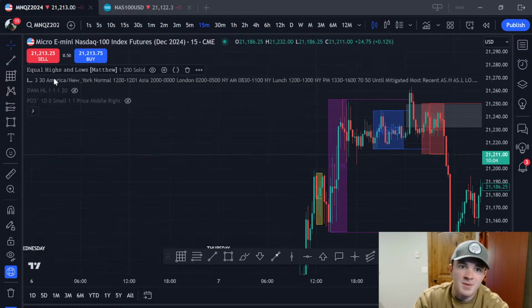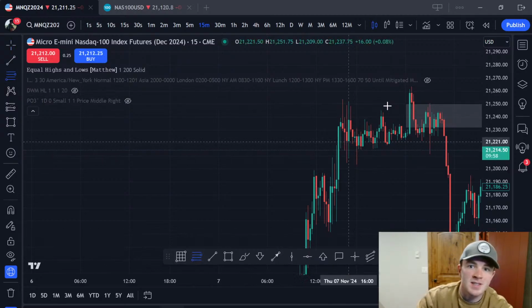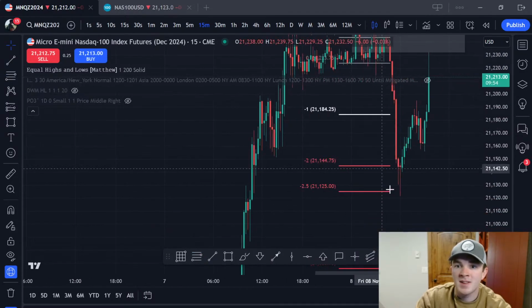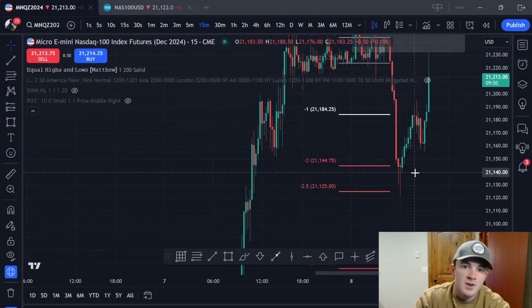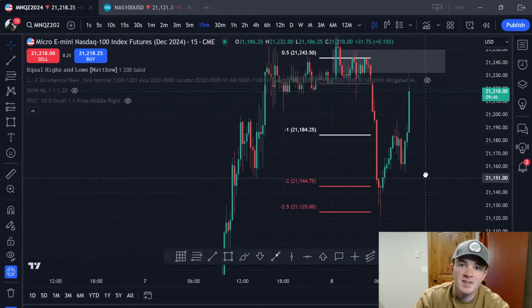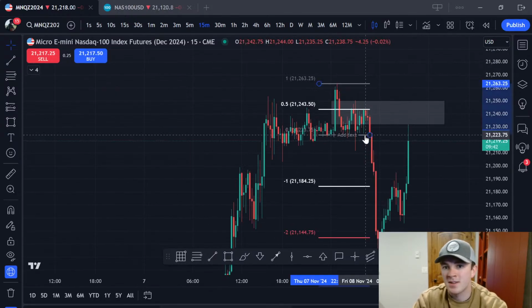The reason I say that is I measured out this manipulation. Look at how perfectly this lined up, right? And we went right to the 2 to 2.5. So that doesn't mean that we're necessarily going to go to this 4 to 4.5, but I don't know. I'm keeping an open mind.